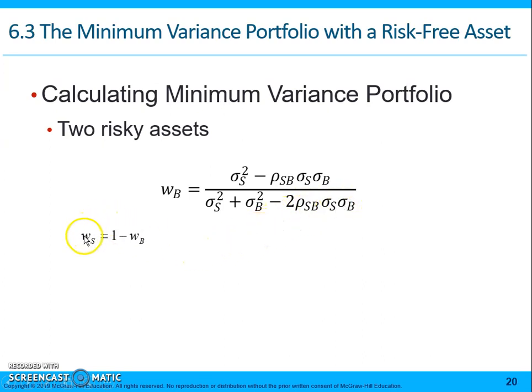And again, same idea. Once we've calculated the weight for bonds, we just subtract that from 1, and we can calculate the weight that we're going to invest in stocks.